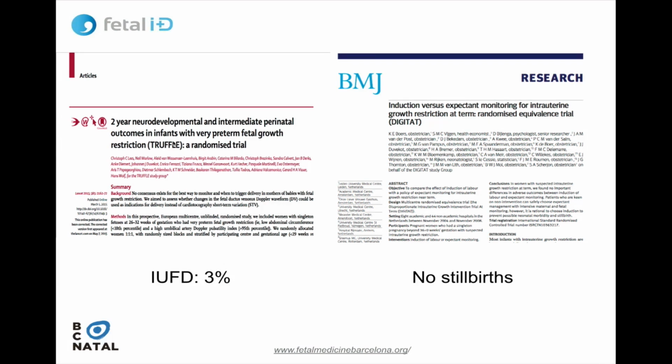But when they did the TRUFFLE study, a very important study which demonstrated that the ductus venosus is the most useful parameter to follow up very severe cases, just by using a protocol, they reduced mortality to 3%. And when they have done studies at the end of gestation, the DIGITAT study that I mentioned earlier, they didn't have any stillbirth in 400 cases of small fetuses just by detecting and following up babies.